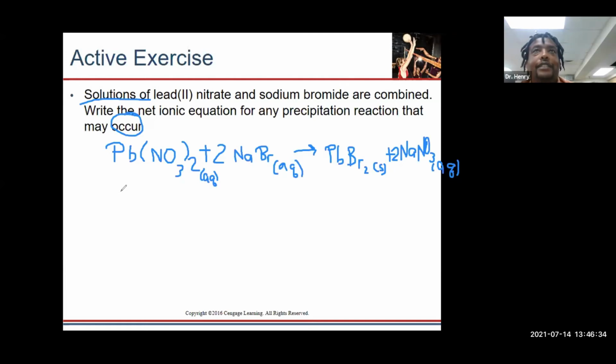So it is balanced. Now if I was writing the total ionic equation, I think we did this one pretty much already, right?